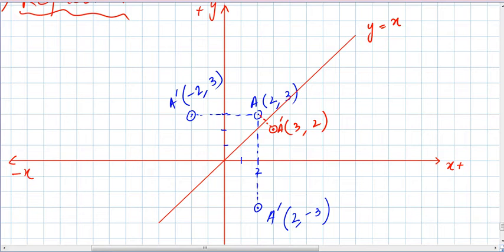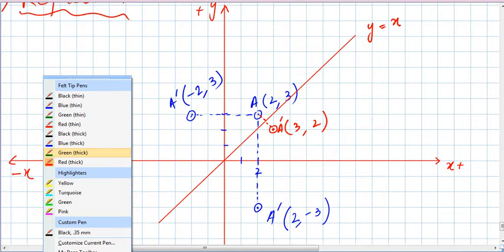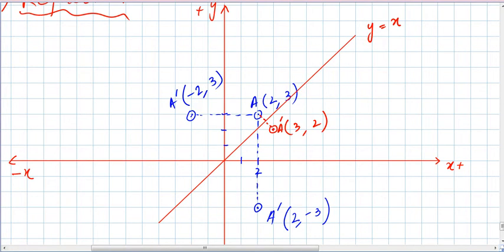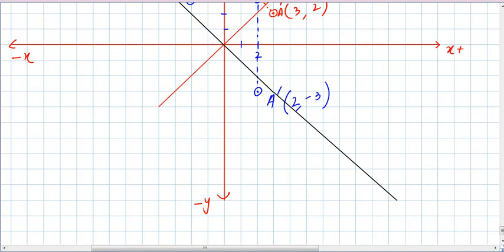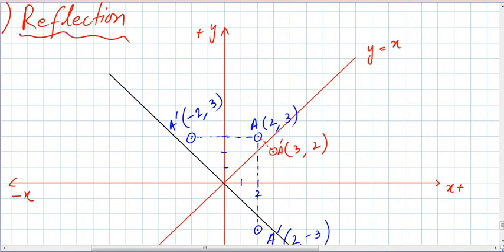Okay, so now if we reflect the same point A about the line y is equal to -x, then it will be like this. You can extend this line on the other side also. This is the line with an equation y is equal to minus x.